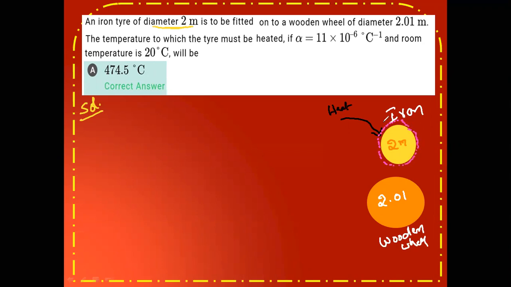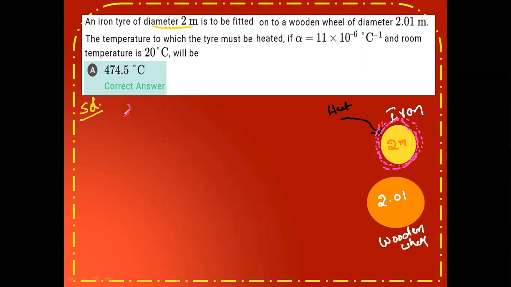So the minimum diameter of the tire required to fit the iron tire onto this wooden wheel is 2.01 meter.